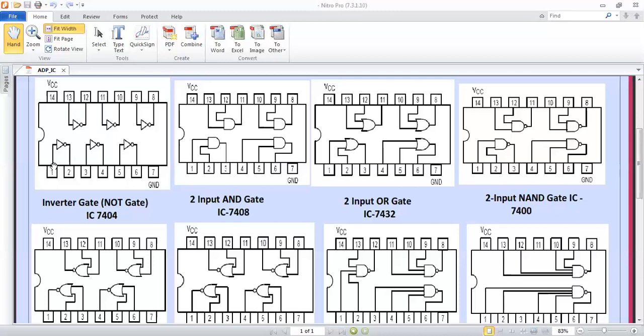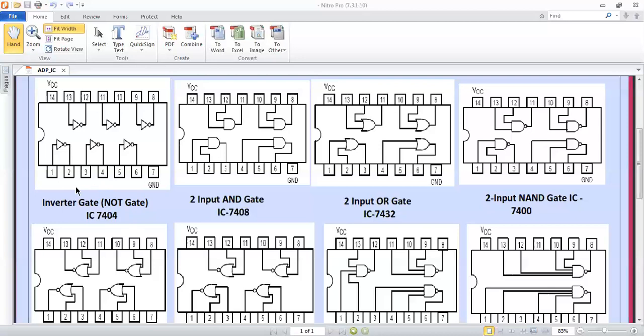Now here we are going to perform the NOT gate operation. NOT means it has one lead as input and one lead as output. It is the NOT gate IC, or we can say the invert gate IC. The name of that IC is 7404.